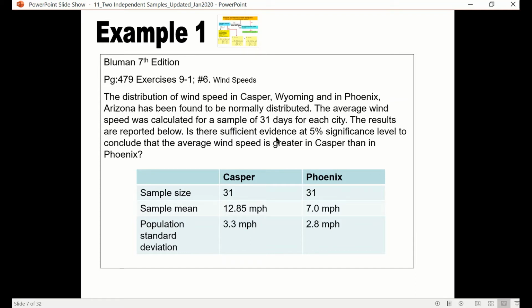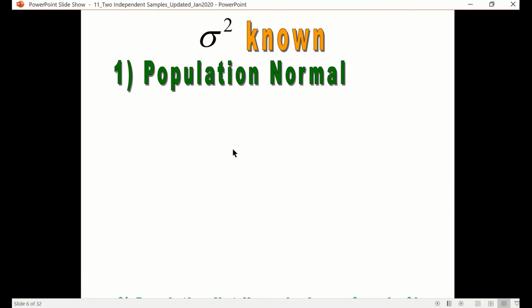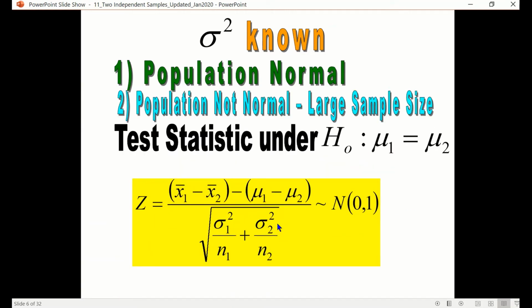Is there sufficient evidence at the 5% significance level to conclude that the average wind speed is greater in Casper than in Phoenix? These are the sample statistics, and you are also given the population standard deviation. Of course, the test statistic that we are going to use is this one, since we know the population variance and the samples come from normal populations.